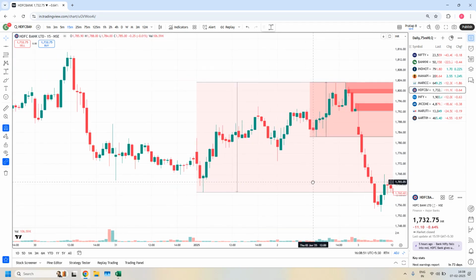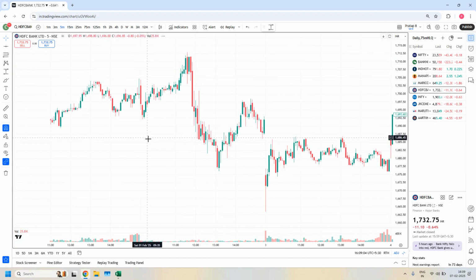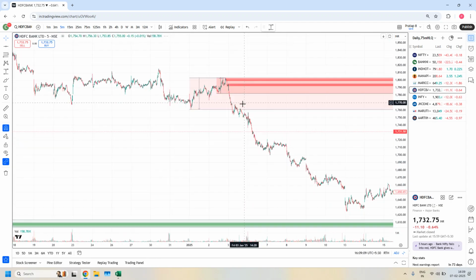Here two 15-minute zones are identified, rally, base, drop, again drop, base, drop. Two fine-tuned 15-minute zones. Within these 15-minute zones, we have two fine-tuned 5-minute zones. Each one is having one fine-tuned zone.